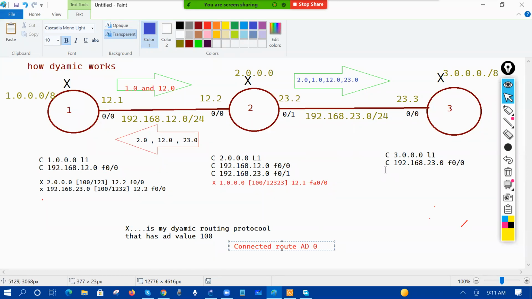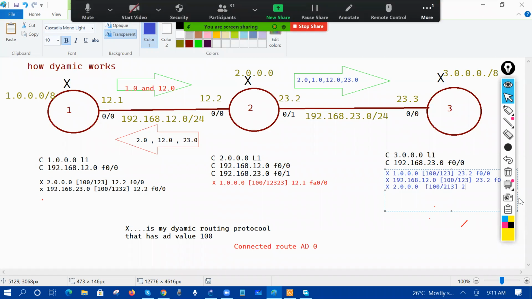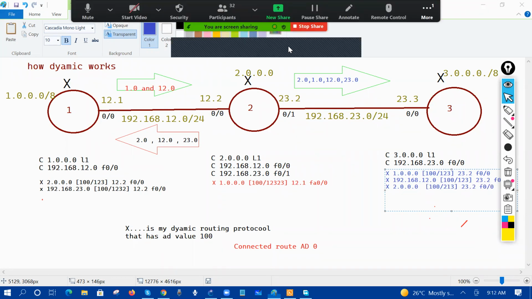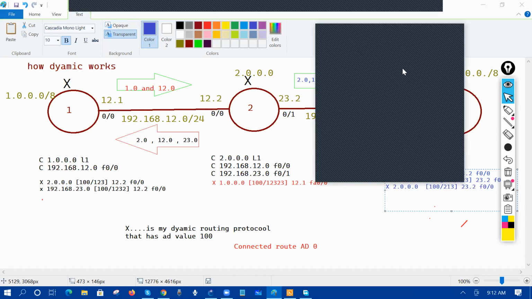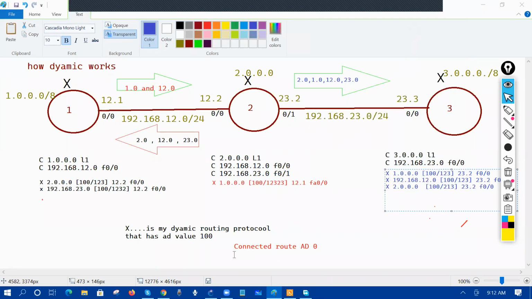I'm not going to consider 23.0, but I will prefer the X route with AD 100 and some metric. The next hop will be 23.2, and I'm learning this from 0/0. Yes, Hari, prefer the lower AD value.